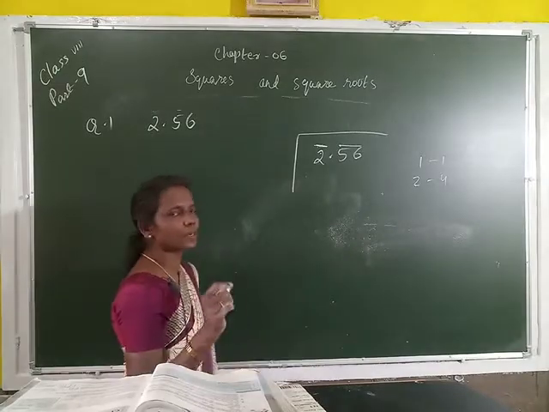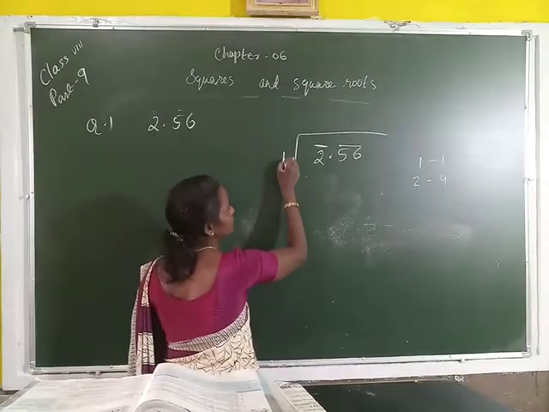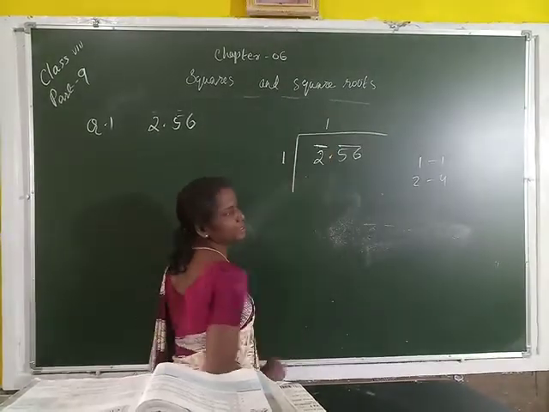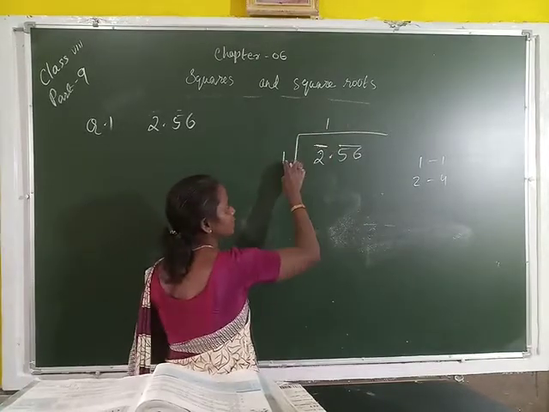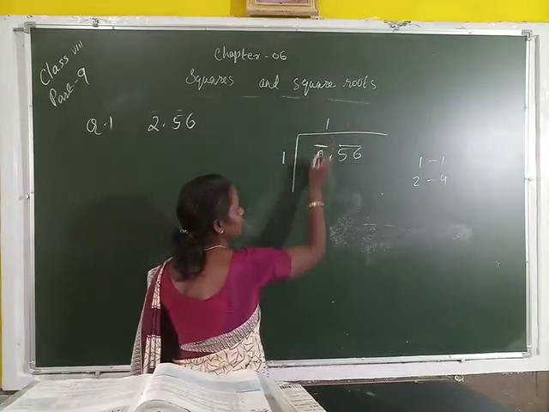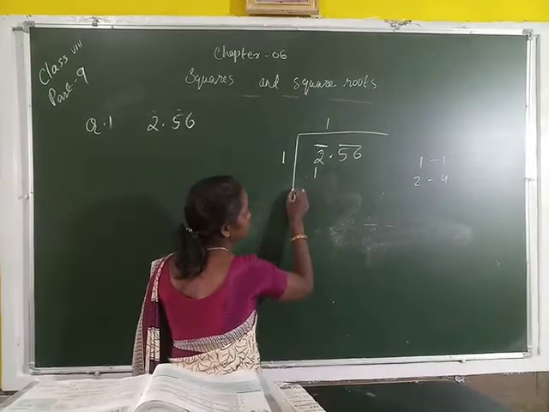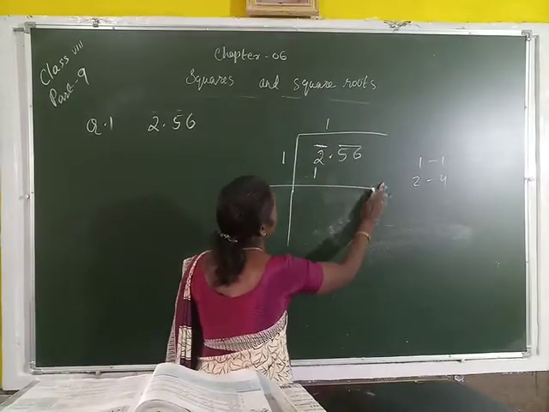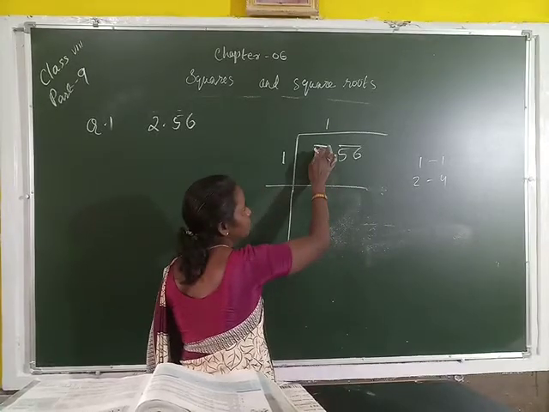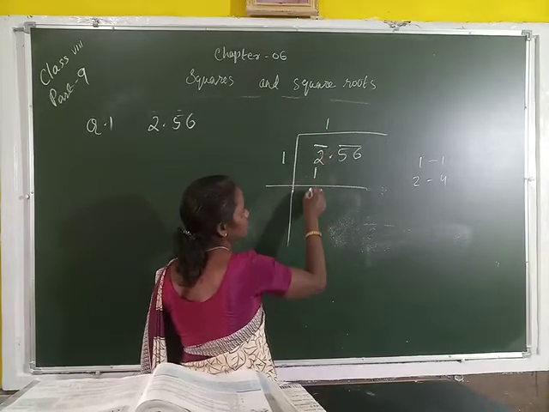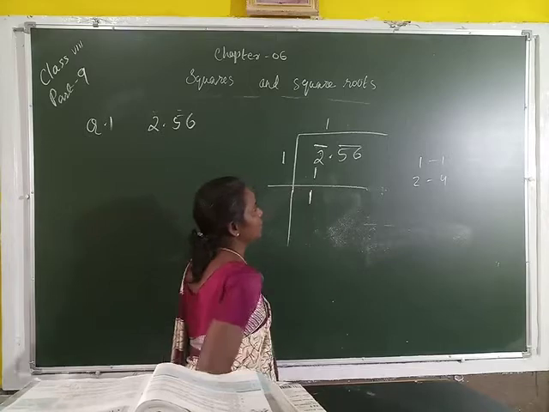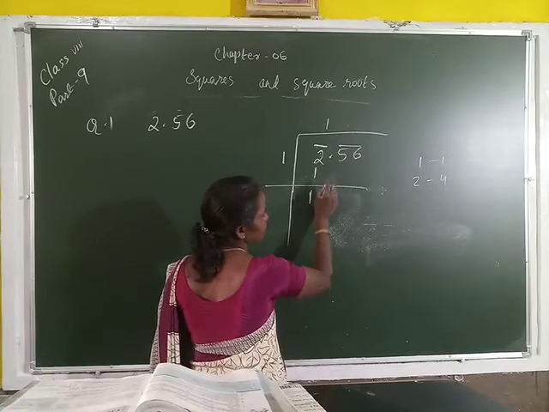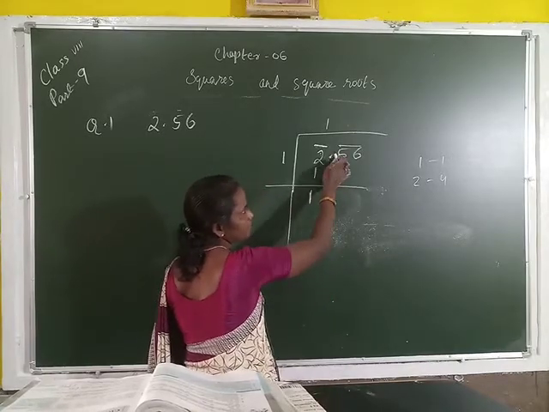So we take this 1 as the divisor and the quotient. Then 1 into 1 is 1. Then subtract: 2 minus 1 is 1. Then next the decimal part.